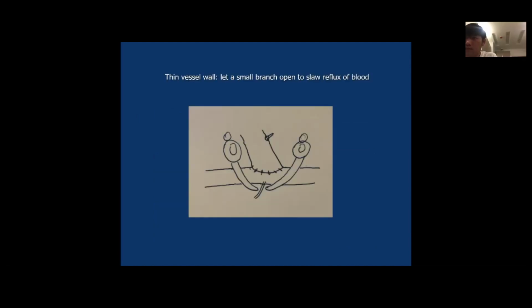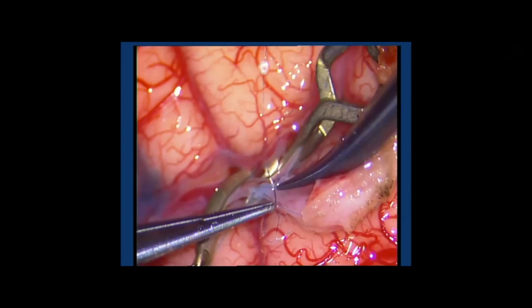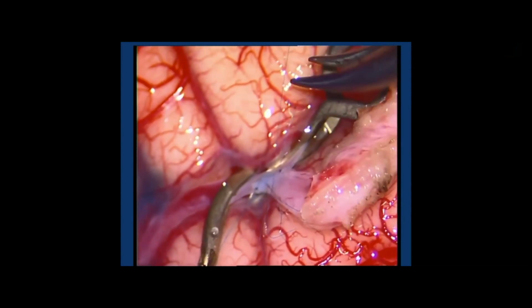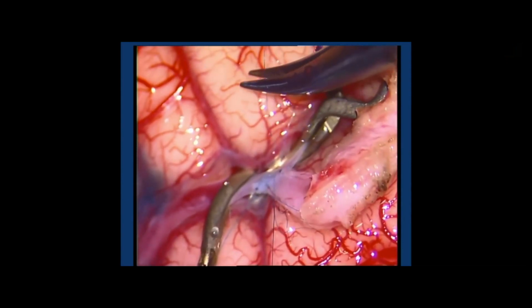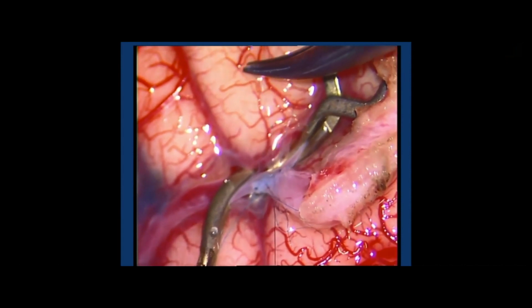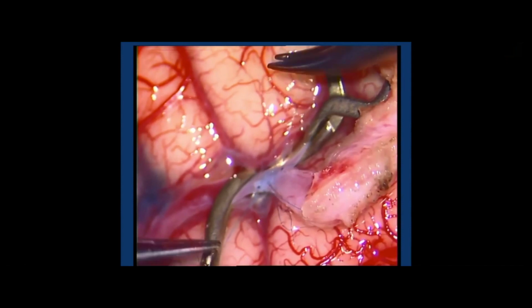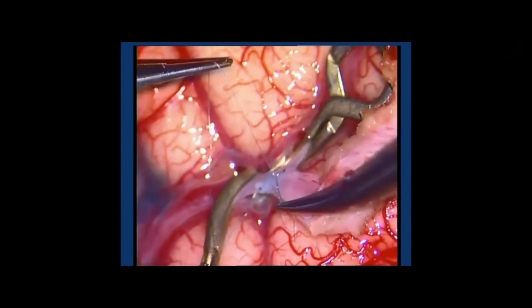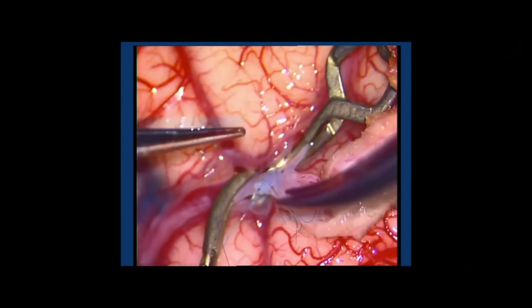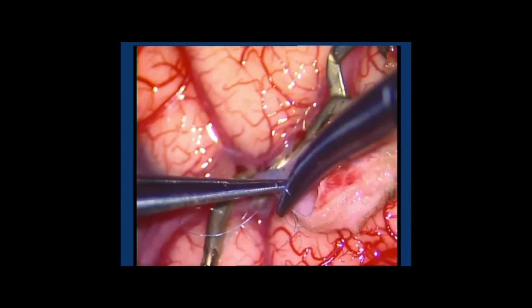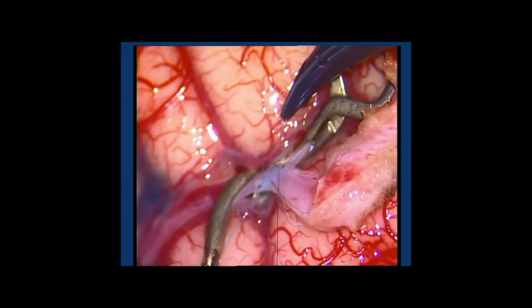Sometimes we can also leave a small branch open to let some blood flow reflux. This can make a small pressure between the 2 layers of the recipient artery, and it's easier to see the 2 layers of the recipient artery.